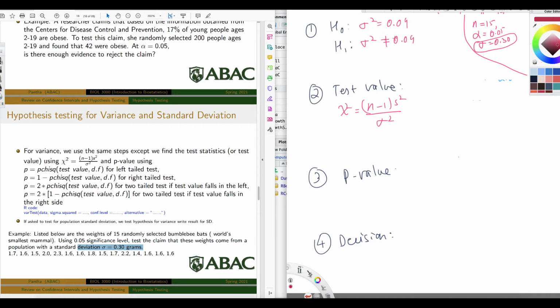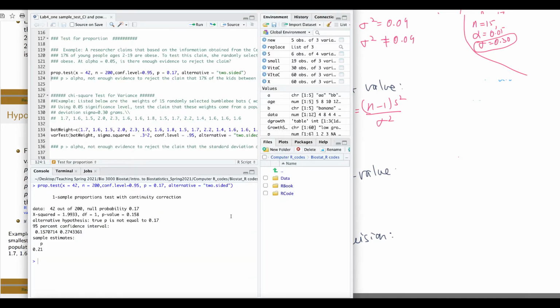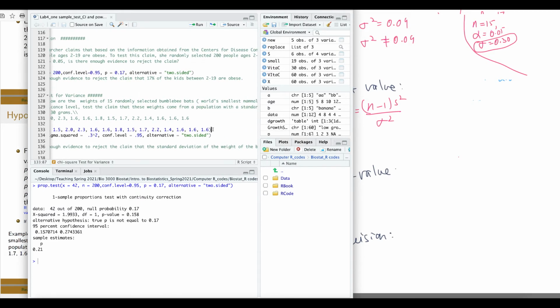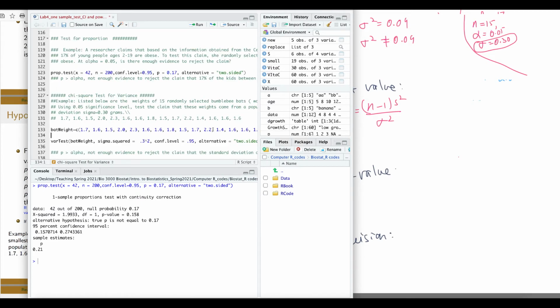Now what I'm going to do next is find out the standard deviation of this data set. Let me enter this data set in R and then find out the standard deviation. So bat weight is the data, and I want the standard deviation of the bat weight.